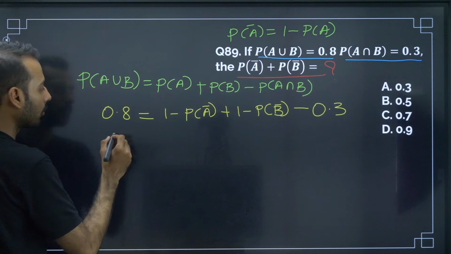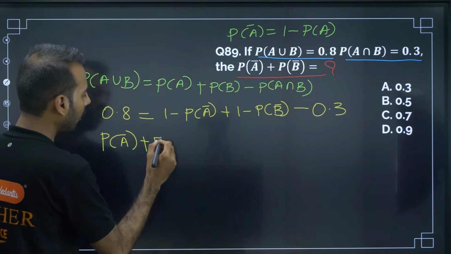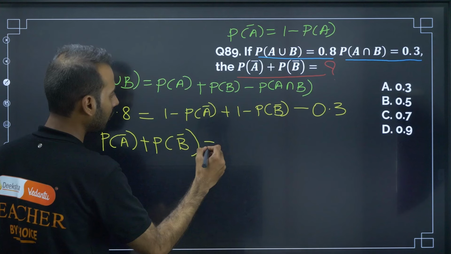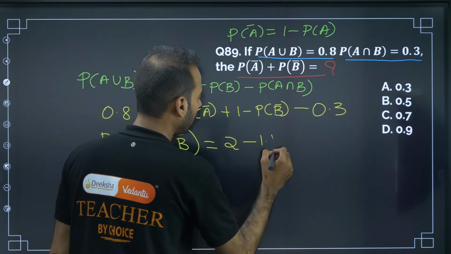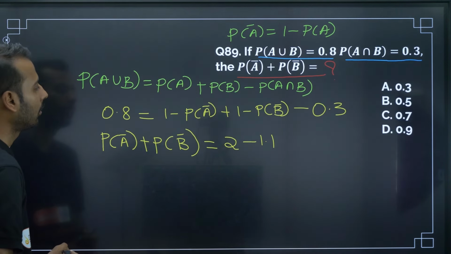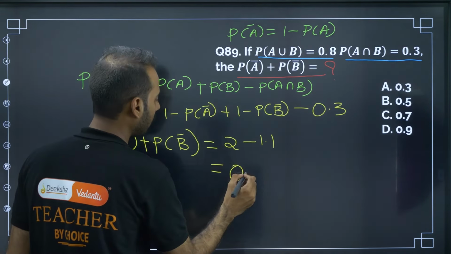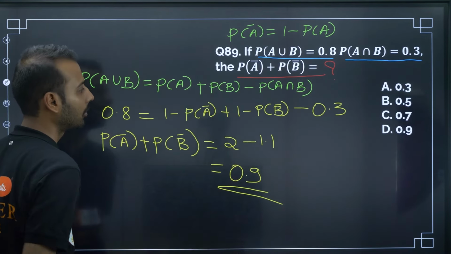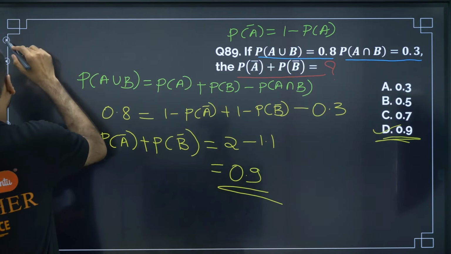So if I transpose, P of A dash plus P of B dash is equal to 2 minus 1.1, and so here we are getting 0.9. Is there any option like 0.9? Yes, D is the answer for this. Moving on to the next question.